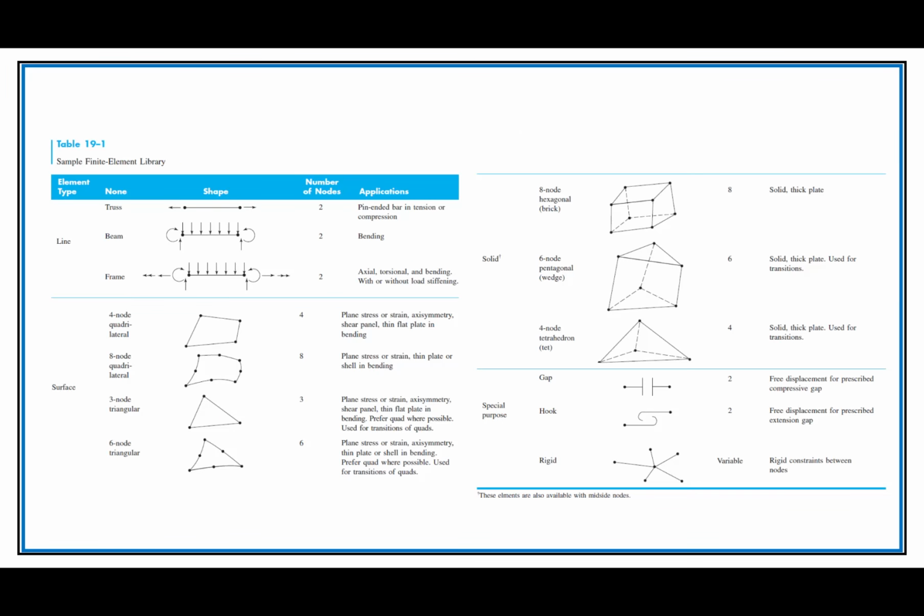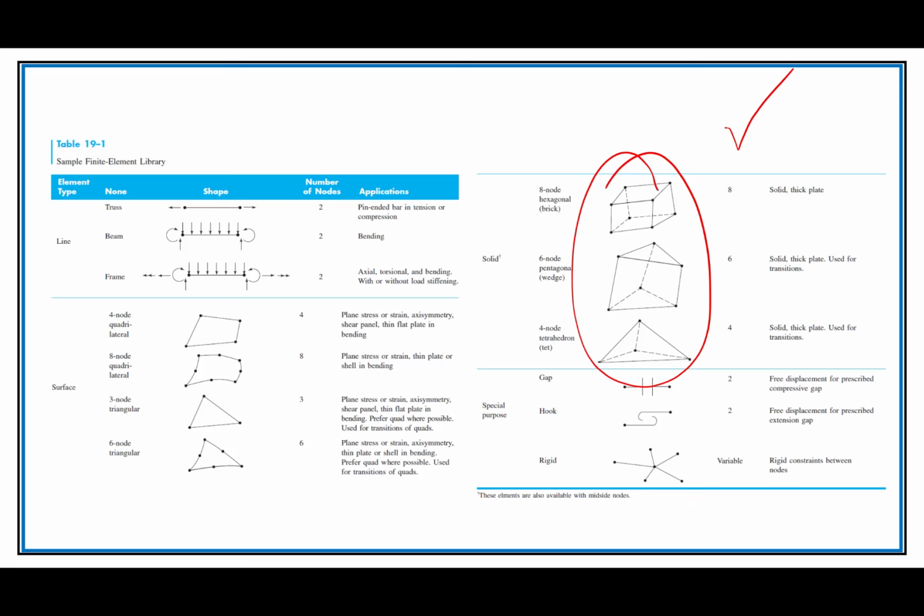Now, I put this in here as these are different elements that come out, and some of this is history. They have gone a long way in their element libraries of different types of elements for different functions. Some of the most common nowadays are solid elements. They weren't always all that easy.